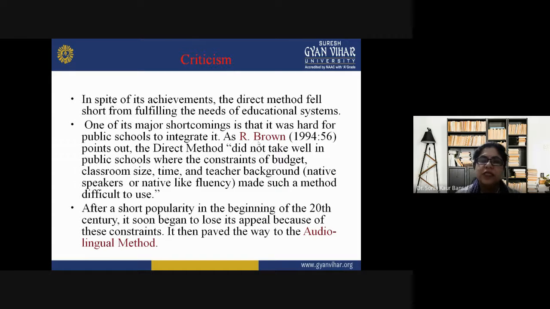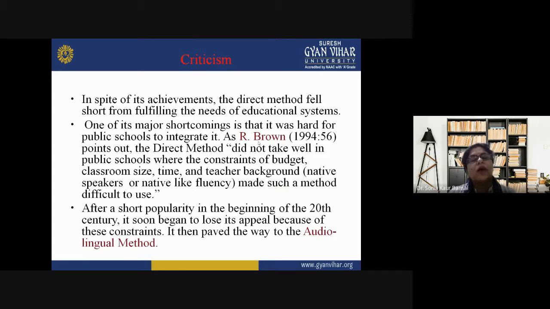The teacher is teaching prose, poetry, grammar, composition with the direct method. But there are some demerits of this method, or we can say some critics have given some points about those things. One of its major shortcomings is that it was hard for public schools to integrate it.